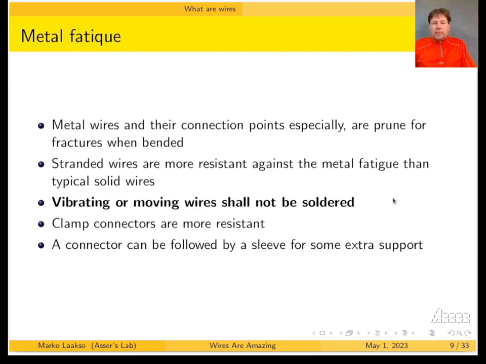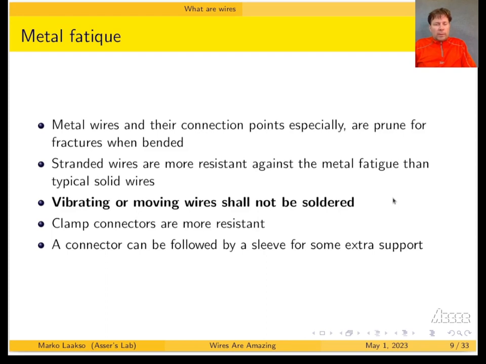Metal fatigue is something that you have to consider when connecting cables. Metal wires and their connection points especially are prone to fractures when bent. Stranded wires are more resistant against metal fatigue than typical solid wires.